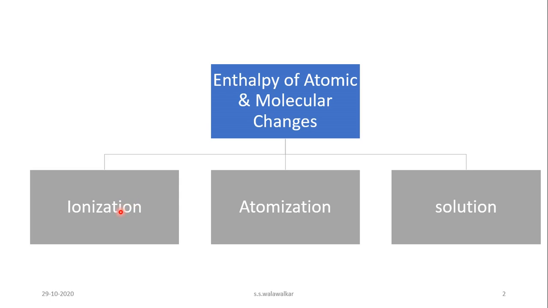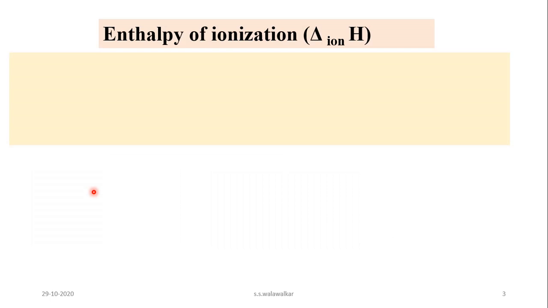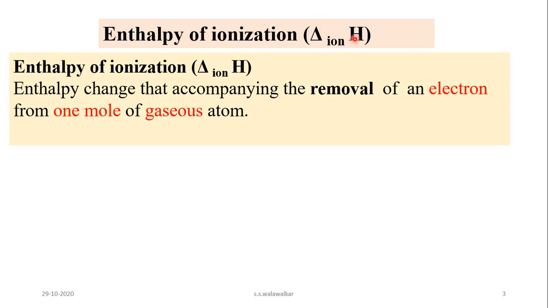First, enthalpy of ionization, second, enthalpy of atomization, and third, enthalpy of solution. So let us see first the enthalpy of ionization. It is denoted like this: delta ion H. Enthalpy of ionization is the enthalpy change accompanying the removal of an electron from one mole of gaseous atom.